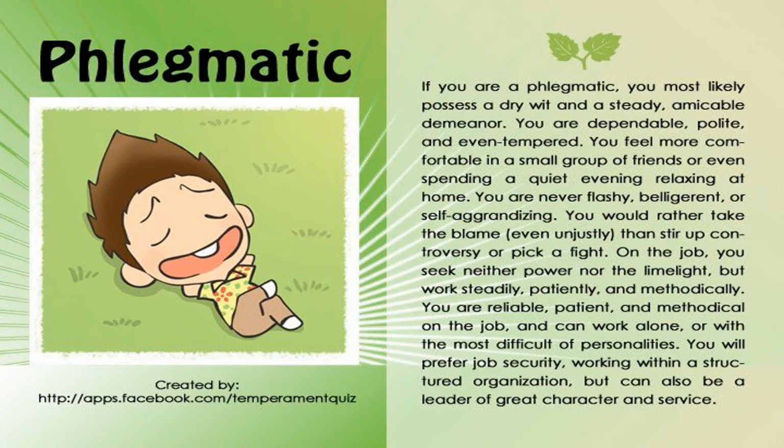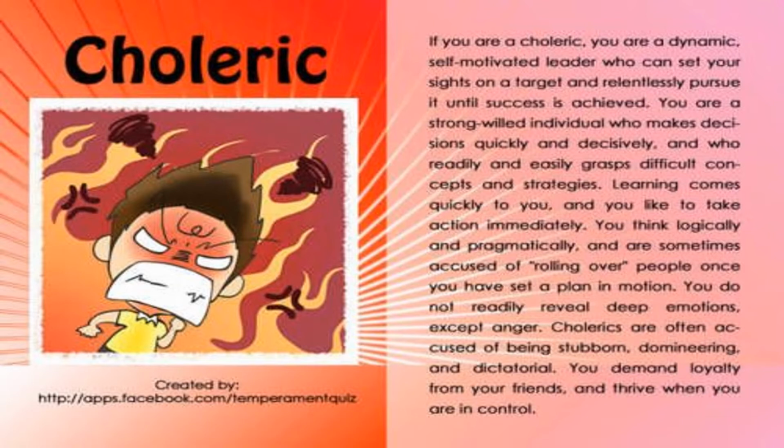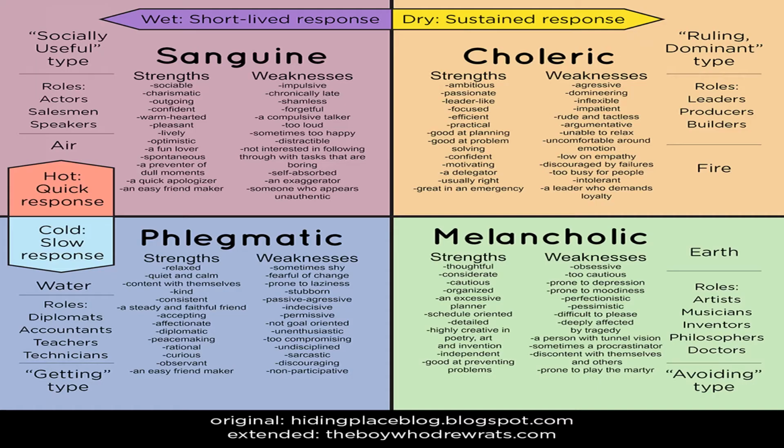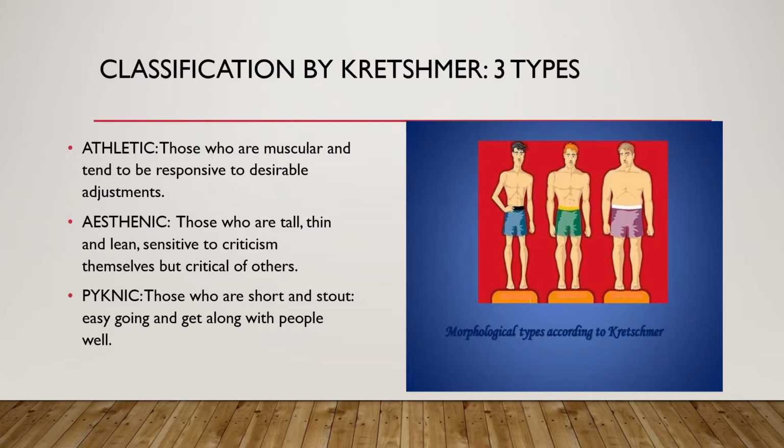Choleric you can also read by yourself: very dynamic, self-motivated leaders. Melancholy you can read by yourself too. You will have fun reading this and you will be able to know which type you belong to. In this slide you will be able to classify the strengths of sanguine, choleric, phlegmatic, and melancholic. So this also you can read by yourself.